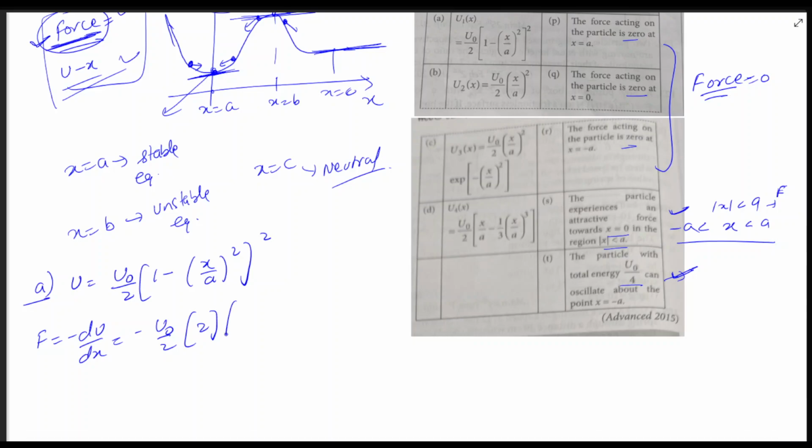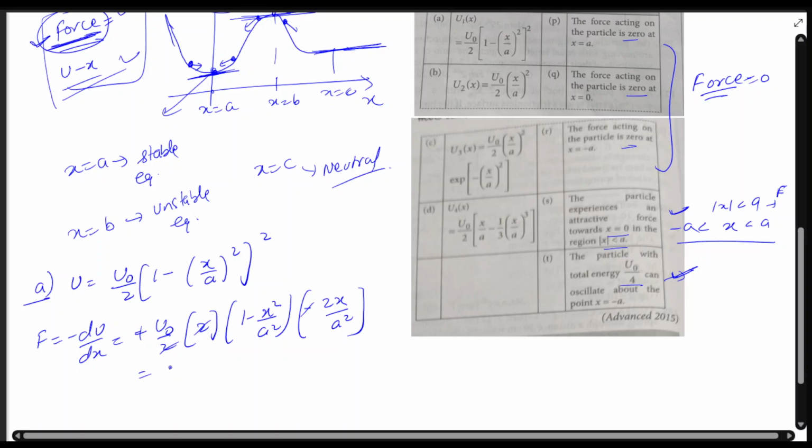So it will be 2 times (1 minus x squared by a squared), and then by chain rule inside it will be minus 2x by a squared. Okay, so the minus minus will be plus, and this 2 will get cancelled, so we'll have U naught times x divided by a squared times (1 minus x squared by a squared). So this is our force.